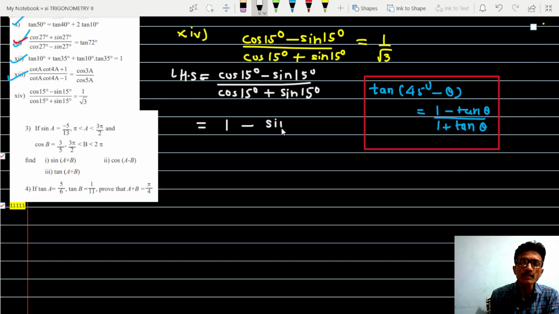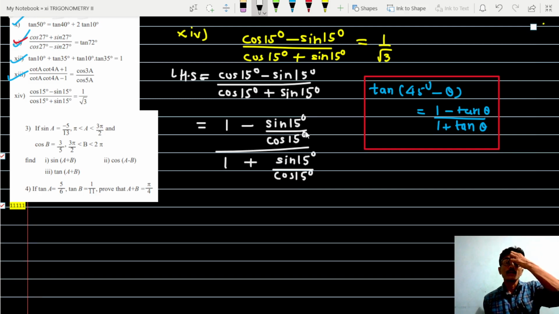Here in the numerator there will be sine of 15 degree upon cos of 15 degree, and this denominator is 1 plus sine of 15 degree upon cos of 15 degree.